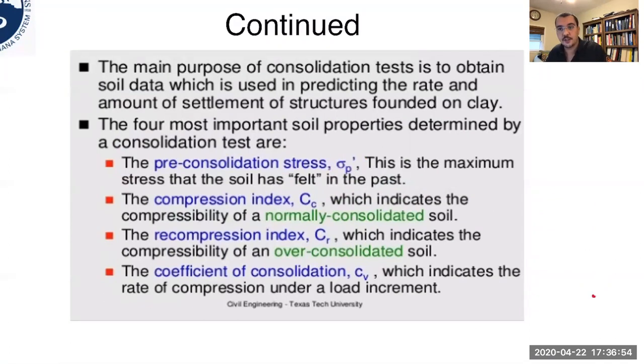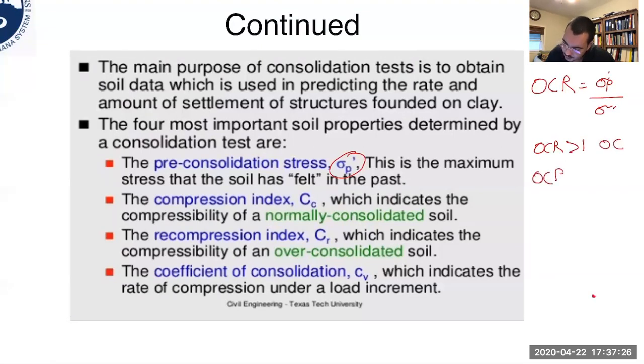And it's important to find that, because what do we want to do? And again, I'm just going to touch on this. The over consolidation ratio, OCR, is equal to this pre-consolidation stress divided by the effective overburden pressure that you have right now. And if this OCR is greater than 1, then you have an OC soil.